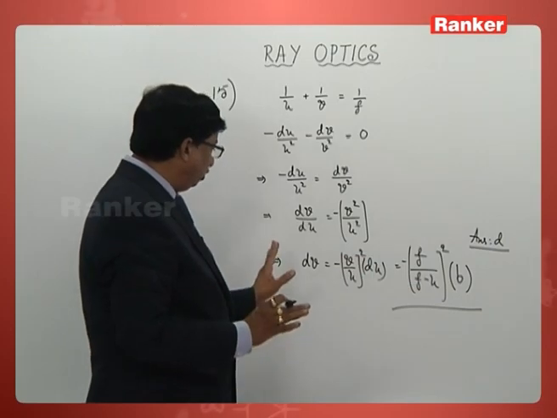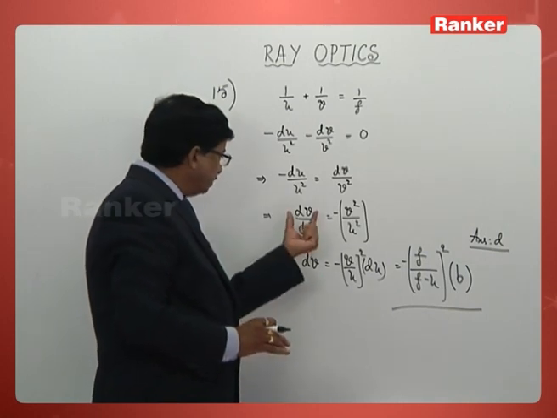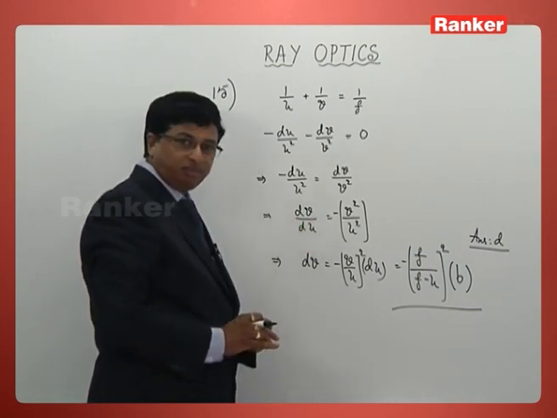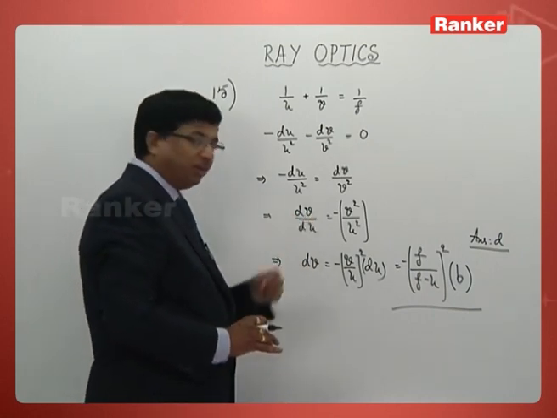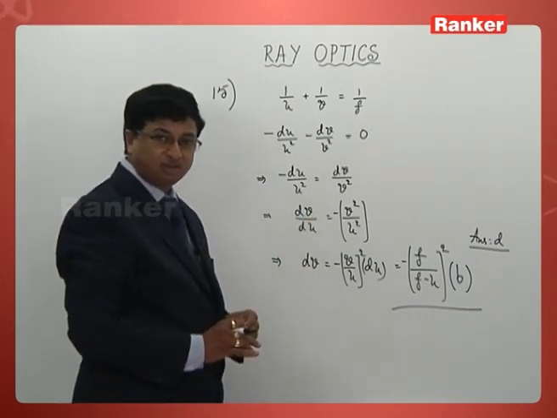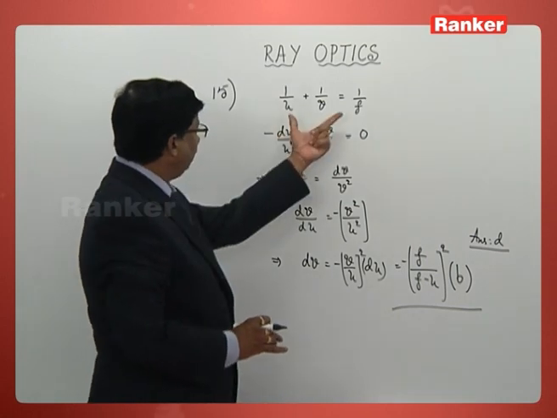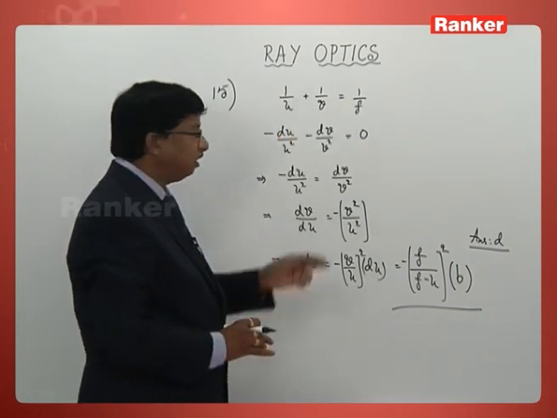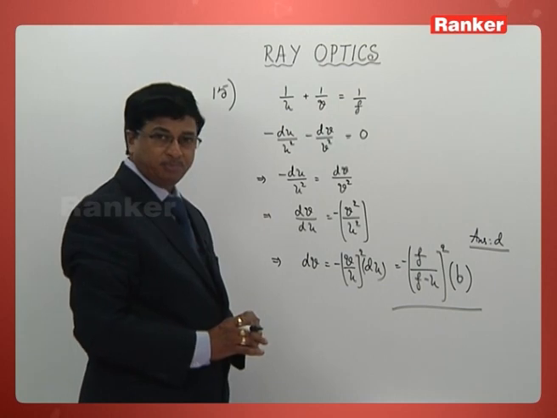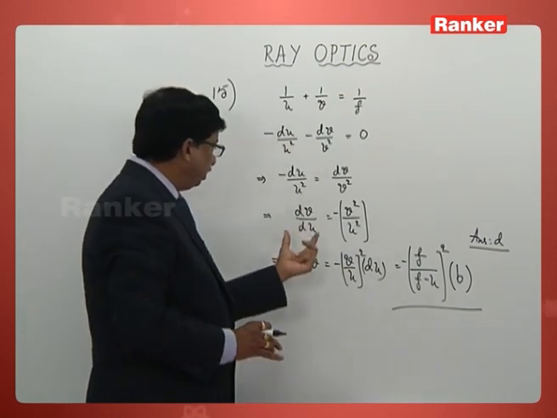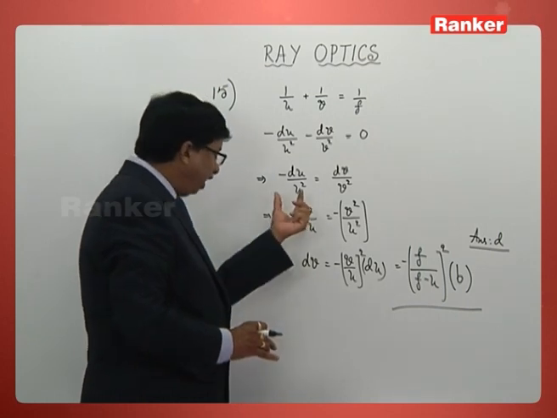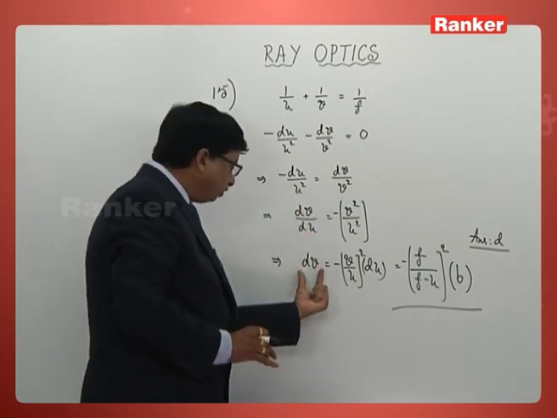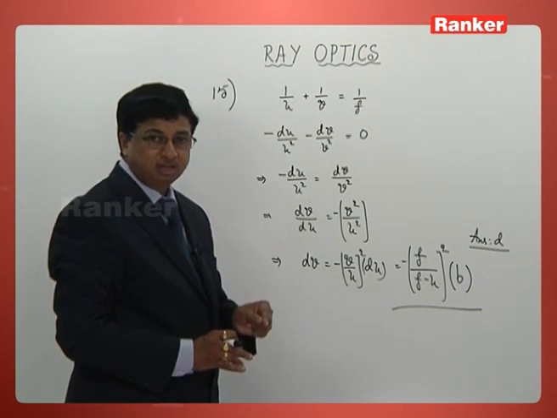The only thing we should do in this case is this: the size of the image we want, the size of the object is given, that is a variation in size. That is what one has to understand. For that, take this mirror formula and differentiate it. After differentiating, calculate dV by dU, from where you can calculate the value of dV.